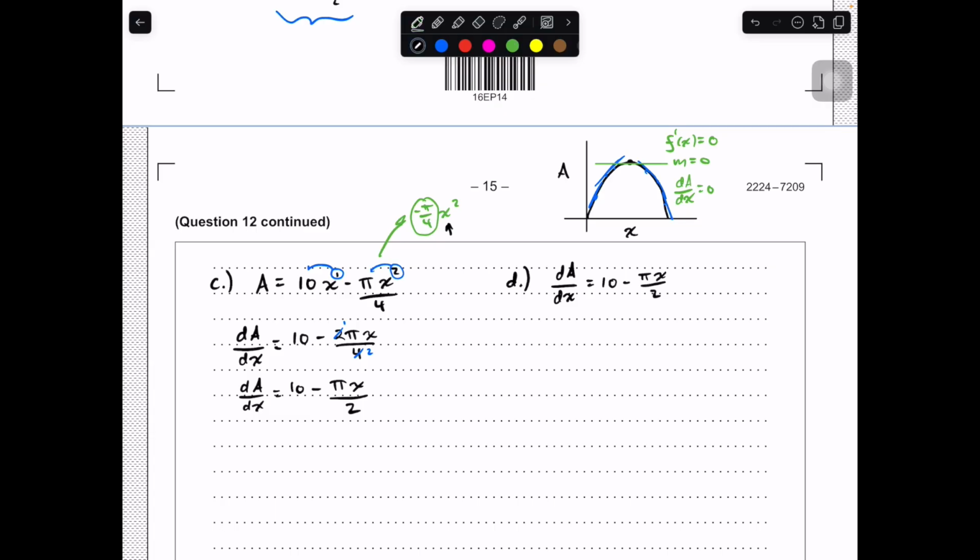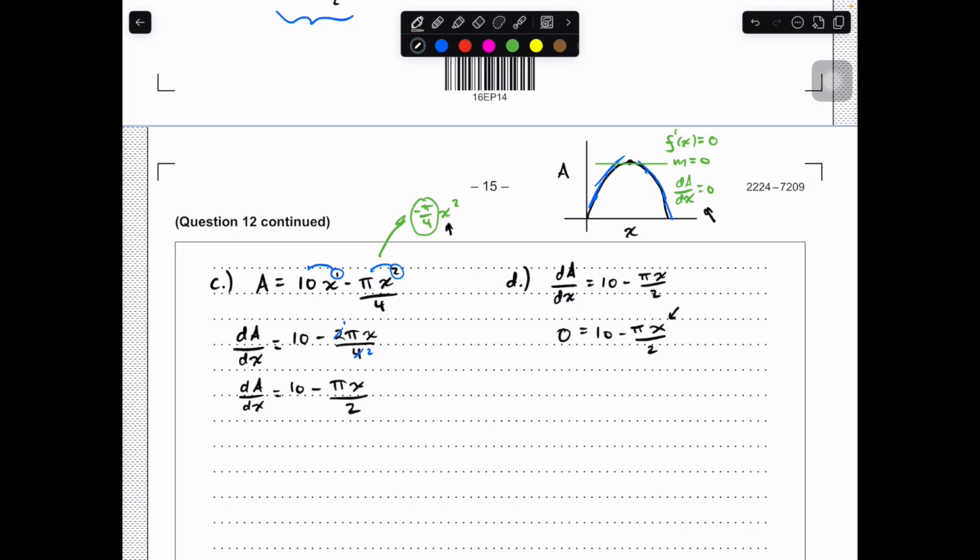So, if we know dA/dx is equal to 0 when we've reached a maximum, then let's substitute 0 in for dA/dx. 0 is equal to 10 minus pi x over 2, and then we need to solve for x. Remember, pi isn't an unknown or anything like that, it's just a number.